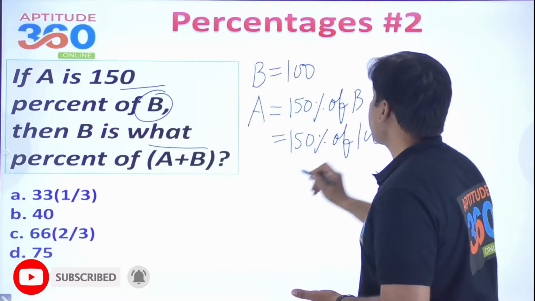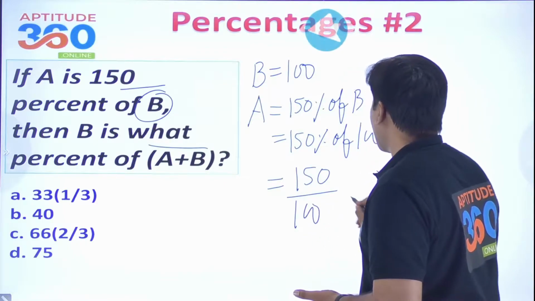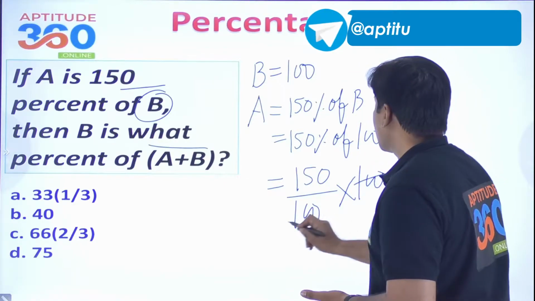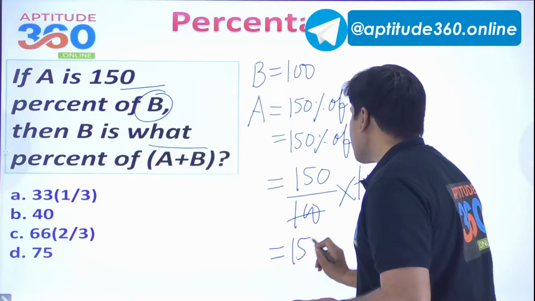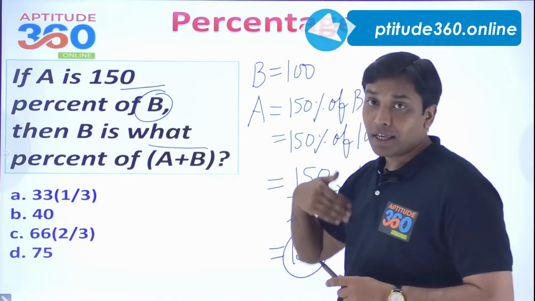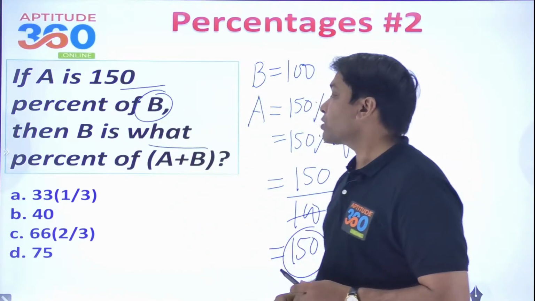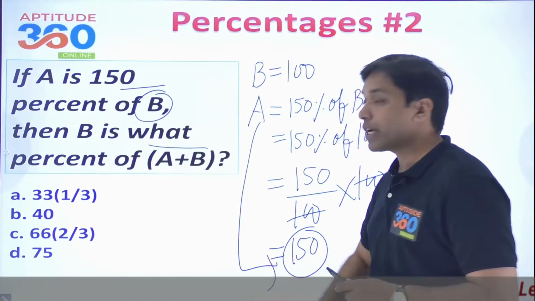Simplify it, as you learned in the first video that a percentage should be written as 100 in the denominator. But in an examination scenario, you should not be doing this. If you have taken B as 100, it has to be part of your mental calculation that if A is 150% of B, then the value of A should be coming out as 150.